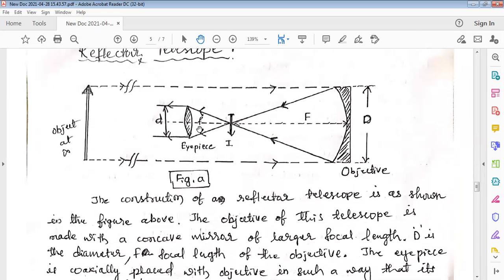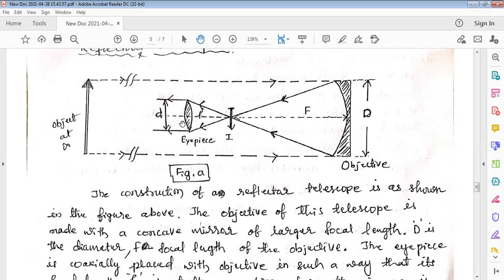In order to avoid this problem, many designs were made by different people. They went on modifying this basic structure in different ways so that this effect was reduced.